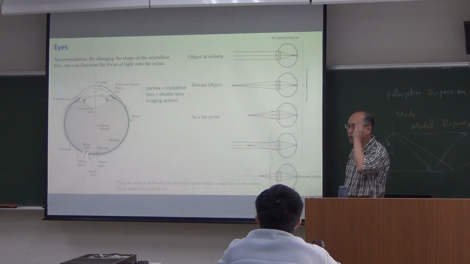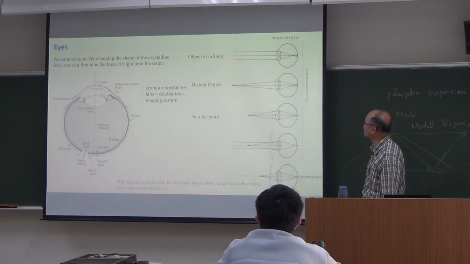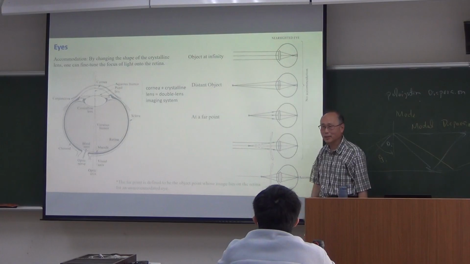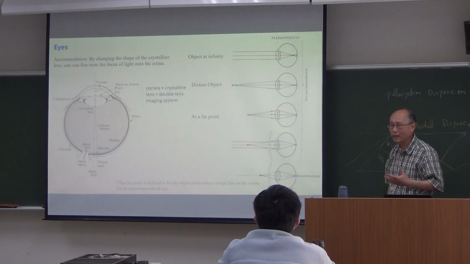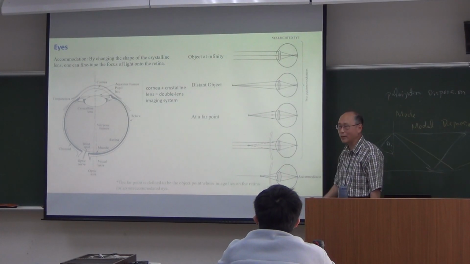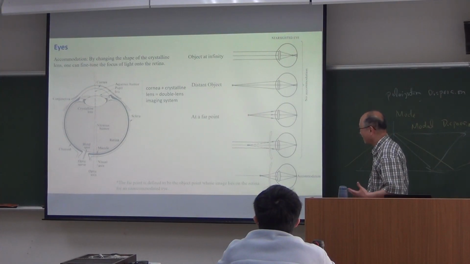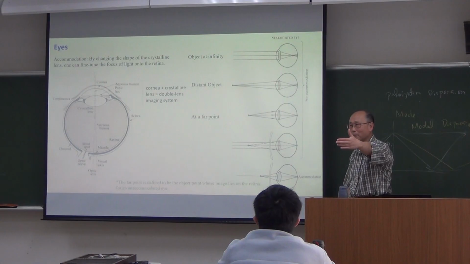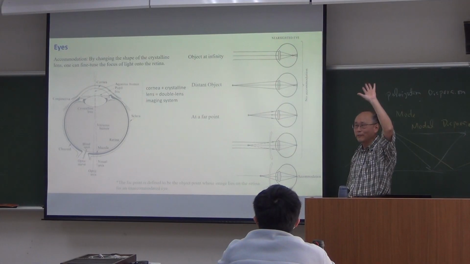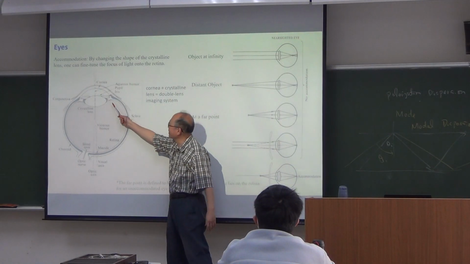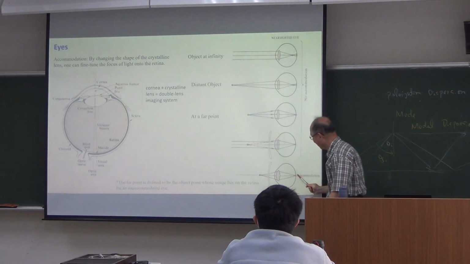Okay, but then when I get old, the situation is different. The image point is going to be behind the sensor, so I need to use another kind of lens, a positive lens, to do the correction. But most of the time we're looking at something that is not at infinity, and so we still rely on this muscle to do the correction.